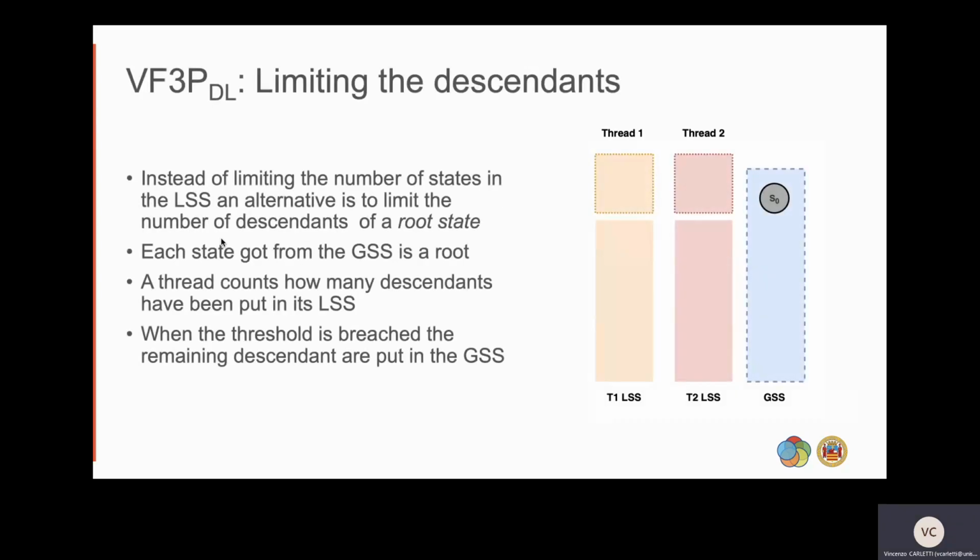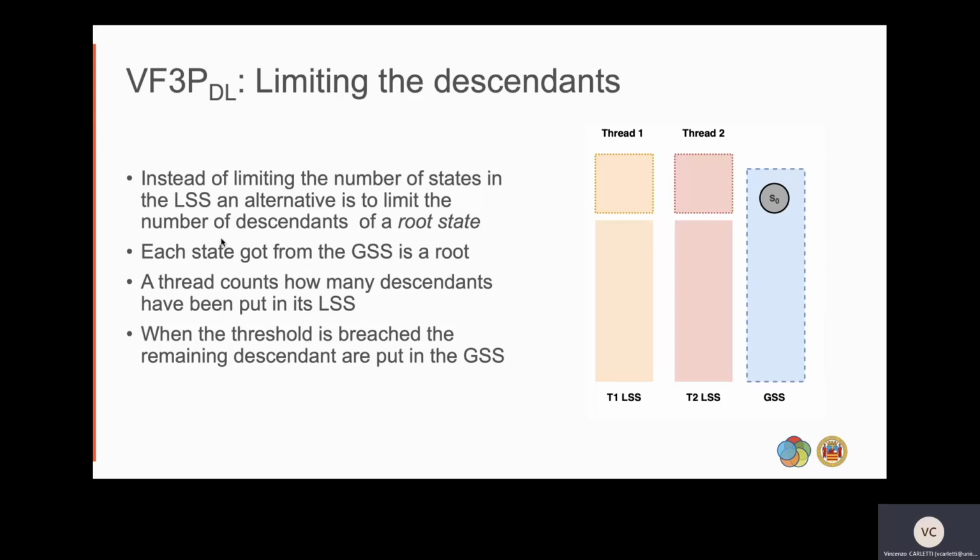Another possibility is not to limit the depth of the local state stack, but to limit the descendants that are explored using the local state stack. In this case, we consider as a root state each state that is taken from the global state stack, and we count the number of descendants that we have inserted in the local state stack starting from the root state.